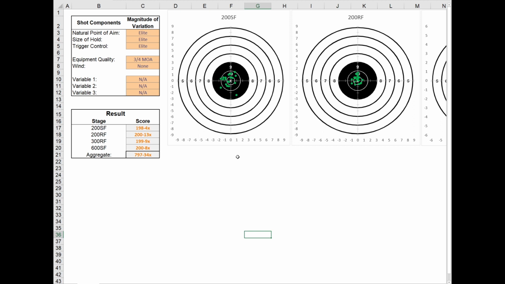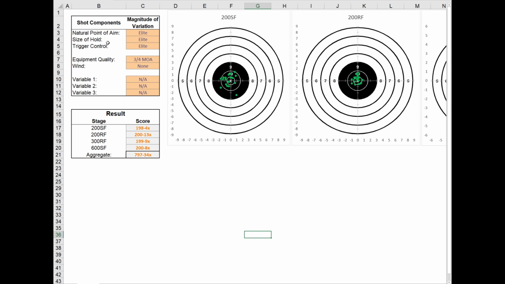There's variation due to various things. Your intent is to shoot the very center of the target, but there's variation due to an imperfect natural point of aim, so for each shot your aim point might be over here or over here. On top of that, there's the size of your hold and the ability to make a decision as to where to fire the shot.